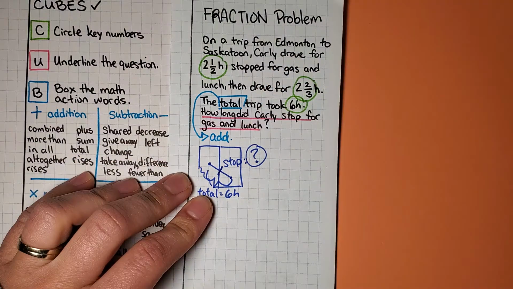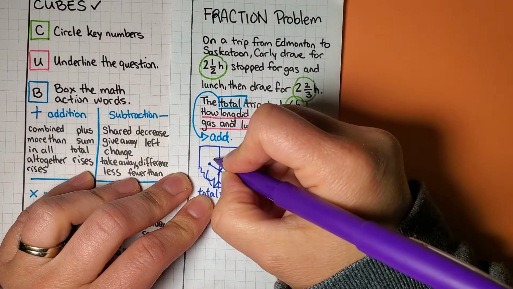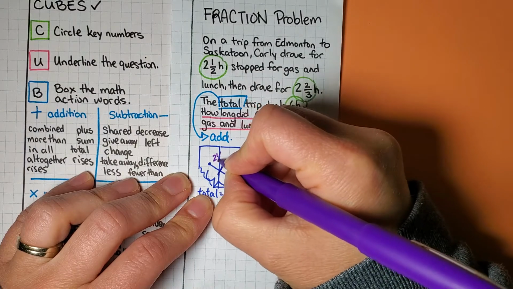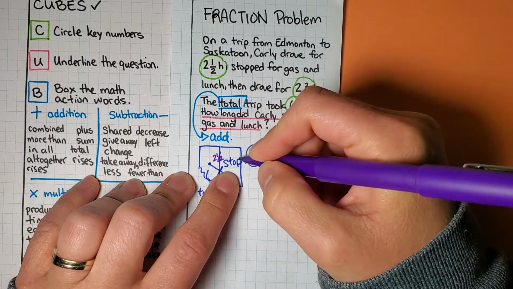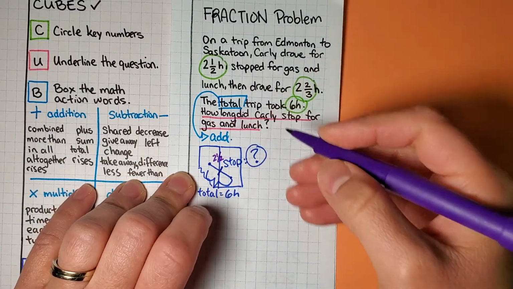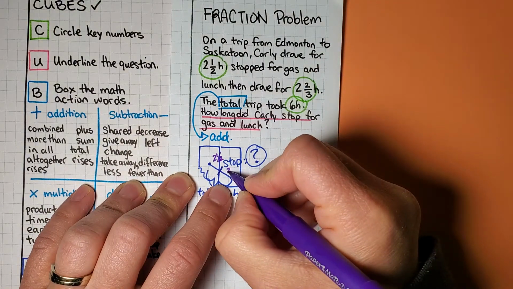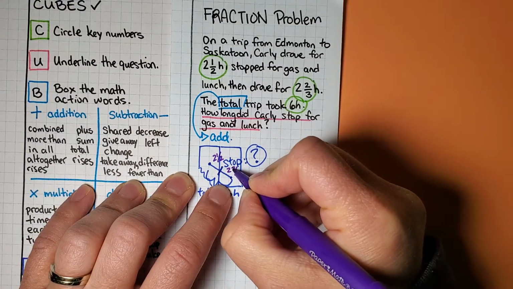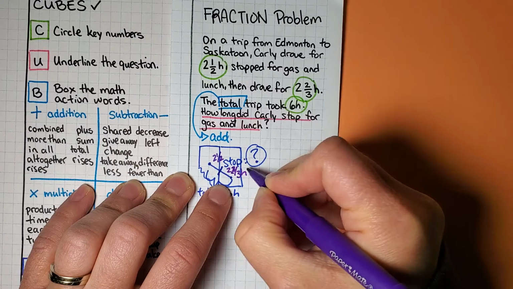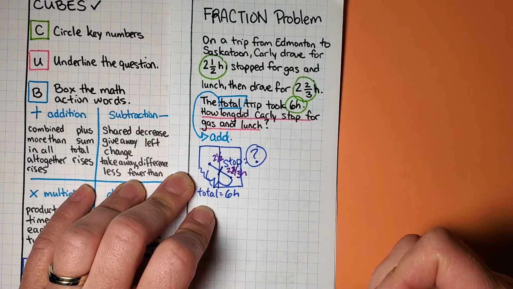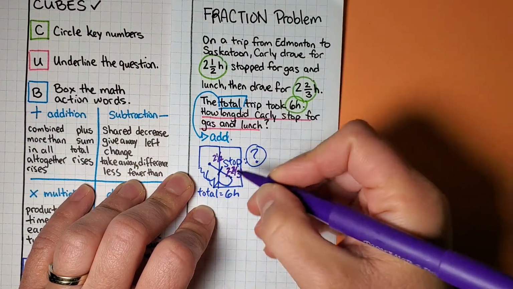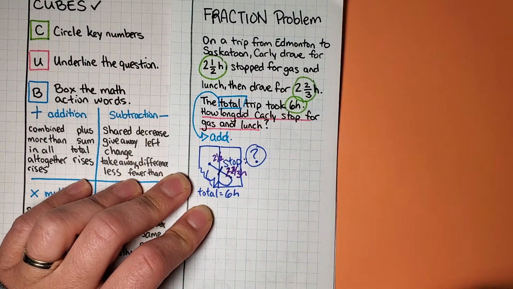I'm going to grab another color. 2.5 hours is Edmonton to the gas station and lunch, and then 2 2/3 of an hour would be the rest of the trip. Super messy, but I like to visualize it.